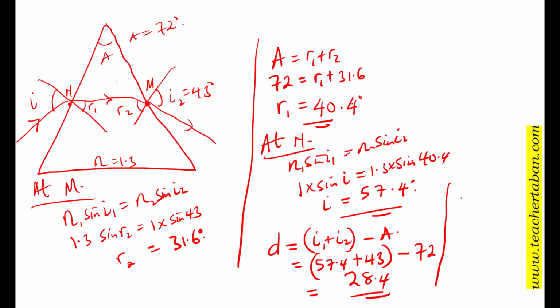Alternatively, we can even try it out as D1 plus D2. Get D1, get D2, and see whether we get the same answer of 28.4 degrees. With this, we're going to try out an exercise in the next section. Please do try it out. Enjoy.